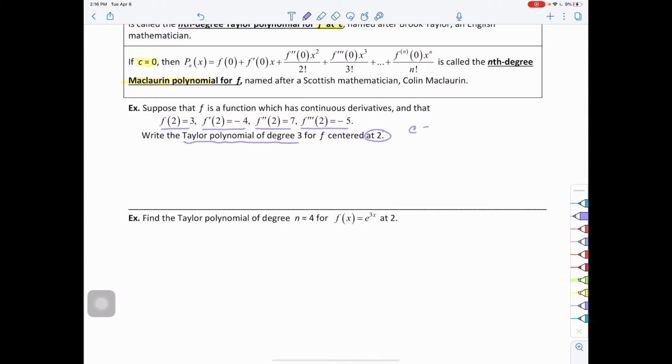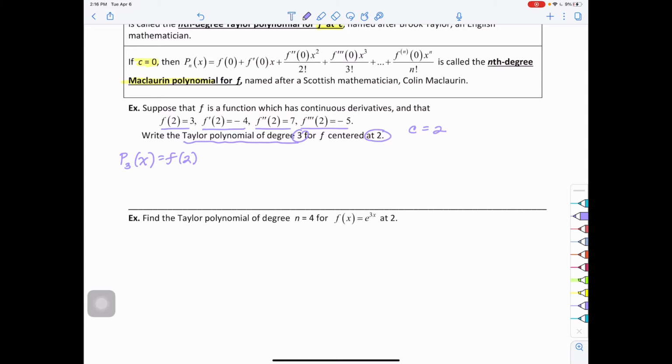So here c is equal to 2. Let's go ahead and do that. A degree 3 would be the third degree polynomial. Now remember, the first term is always going to be the function evaluated at the center. So it's just going to be f of 2.